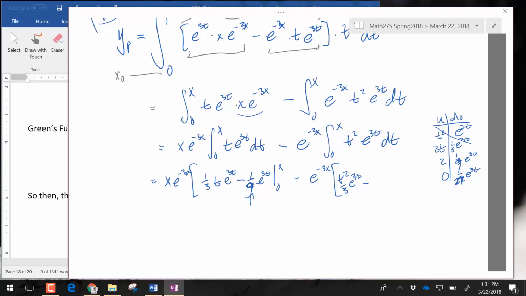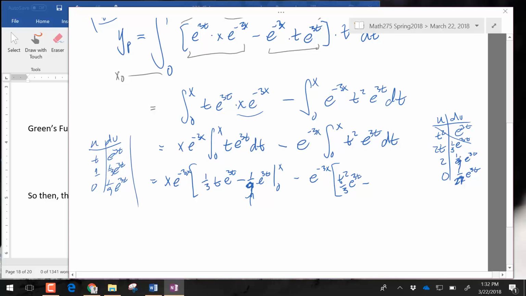That's why this is a 9 right here. I guess we could have seen that. With u dv, t, 1 and 0, e to the 3t, 1/3 e to the 3t and 1/9. So that's a quick way to do your integration by parts.